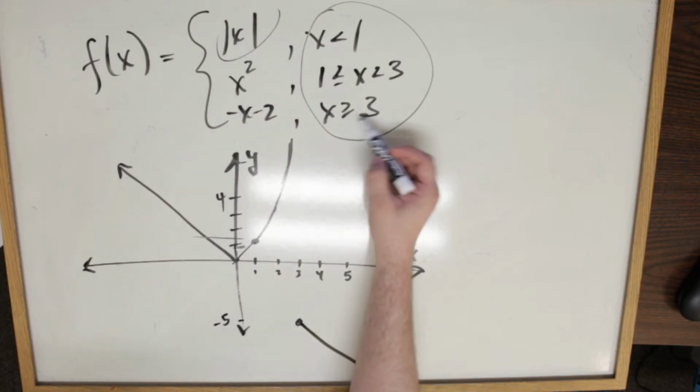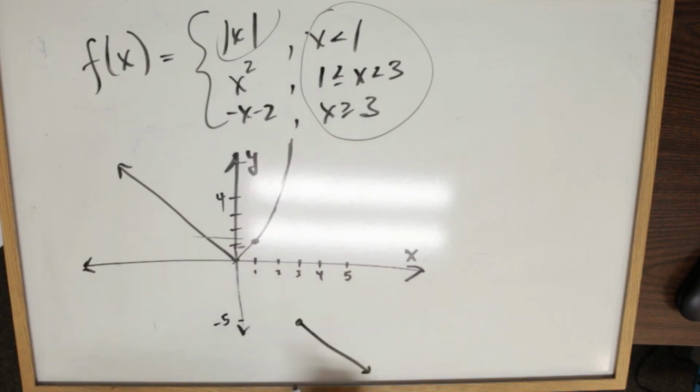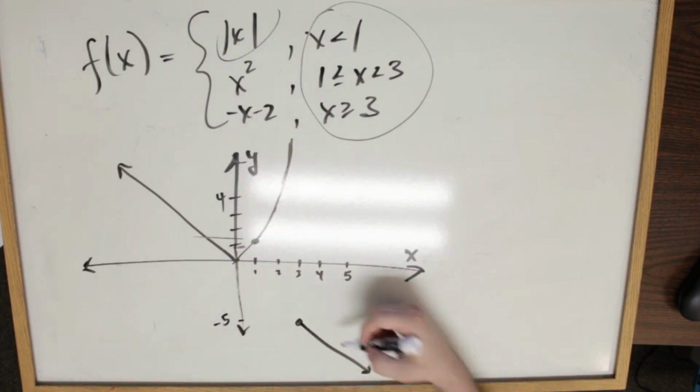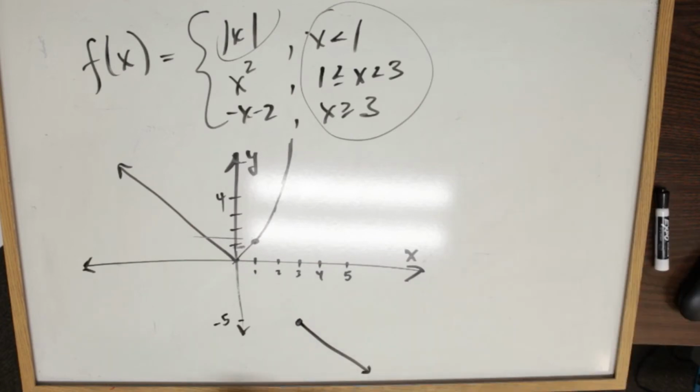And for everything bigger than or equal to 3, we're going to use this linear equation, minus x minus 2, which is going to have a negative slope, so it's going to look like this. Again, I did this a little fast, but I think the book has a couple of different examples as well, so you can go ahead and check that out at your discretion if you would like.